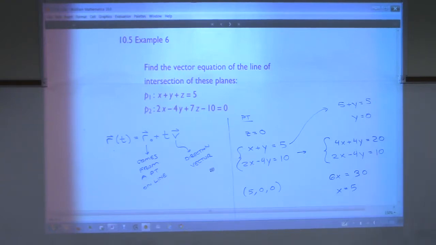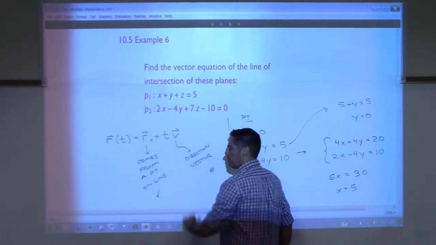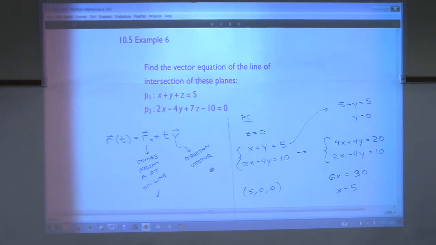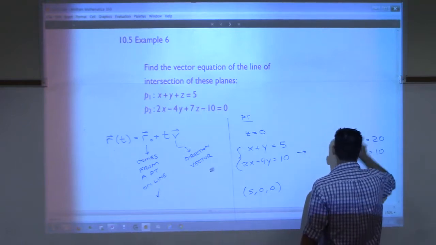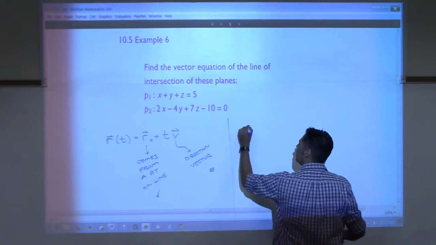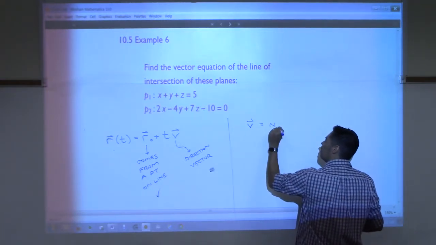All right, so point, check, we've got this. We're going to be able to come up with our R0. We're just going to use that turned into a vector. Then the direction vector, v. What did we say we have to do? We're going to take the cross product of what though?